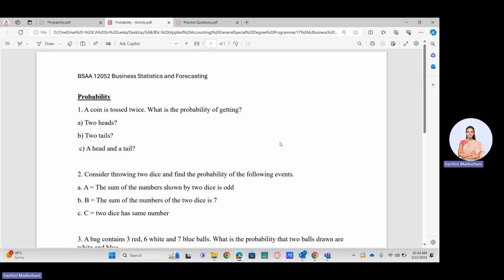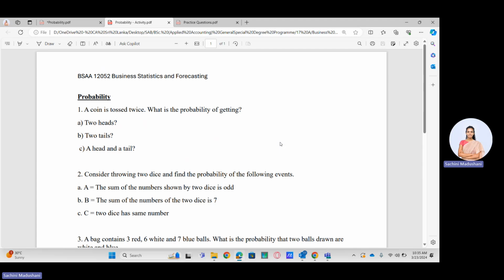Okay, then the first one was getting two heads. Which one shows getting two heads? First branch: head, head. Then what is the probability value? How to get that? Half into half.